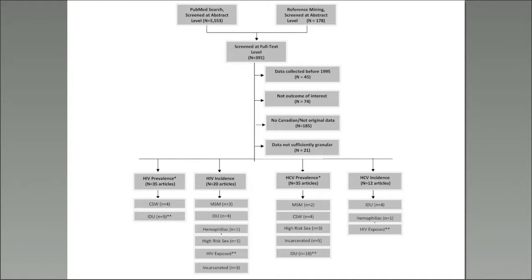Basically that involved looking at all the studies with Canadian data. I just want to emphasize these are not transplant studies. These are incident and prevalent studies in cohorts of drug users or commercial sex trade workers, etc. And this gives you an idea of the likelihood of an incident or a new infection over a given period of time.